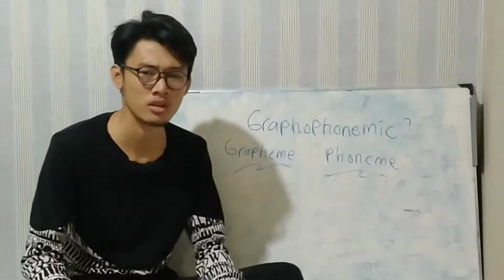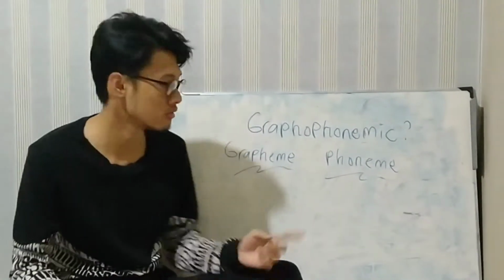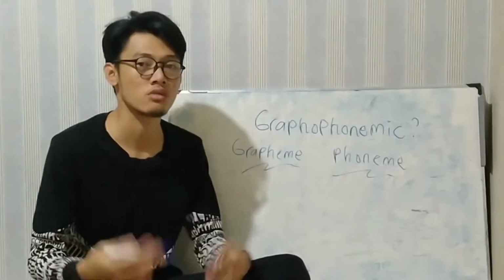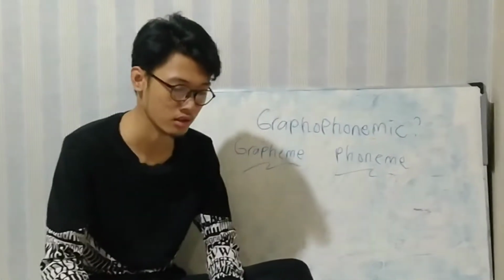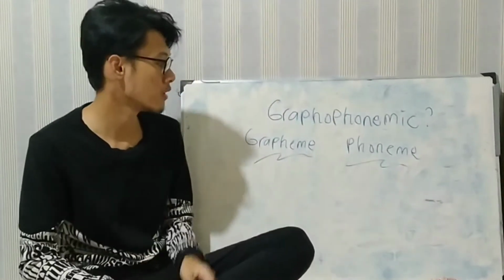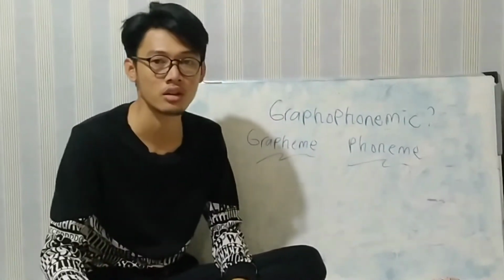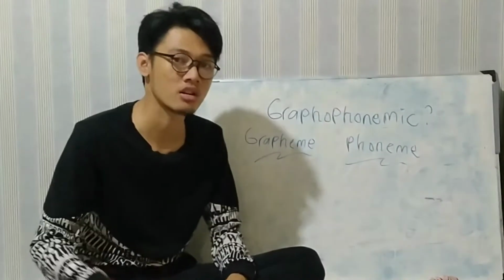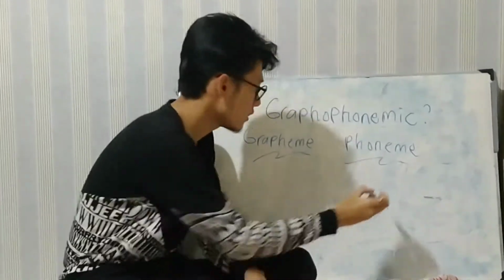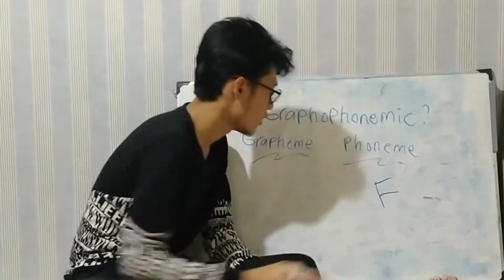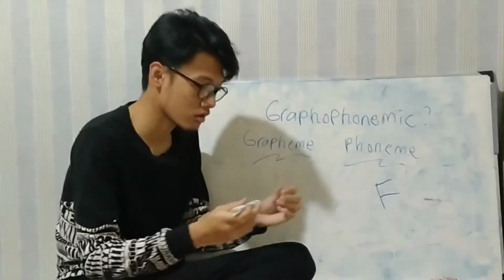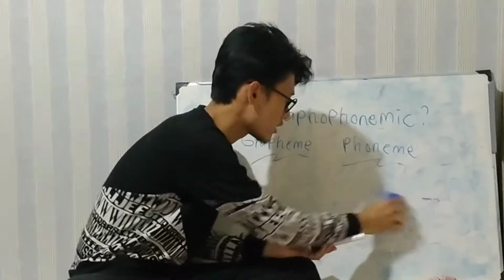Graphophonemics is basically divided into two words, from grapheme and phoneme. As we know, grapheme is the way we write down the phoneme. And what is phoneme? Phoneme is the smallest unit of sound in a word. For example, I'll give you the sentence first.